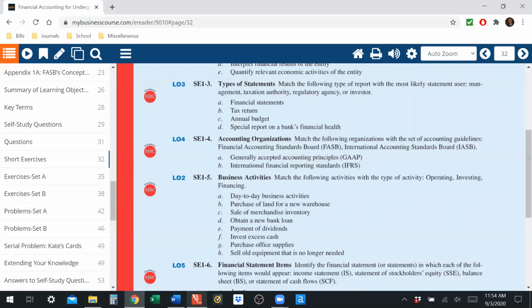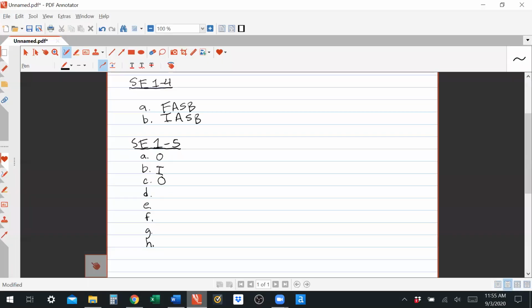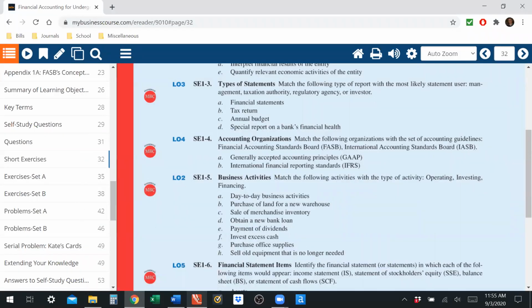D, obtaining a new bank loan. Yes, financing, good. We're borrowing money. We're financing. There are 2 types of financing. There's debt financing, that's money we acquire that we have to pay back with interest.